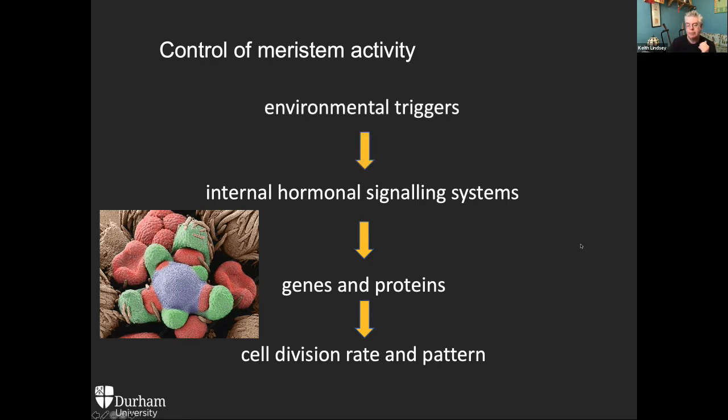And these in plants are primarily determined by environmental triggers. So again, one of the important concepts in thinking about plant developmental biology is the relationship between the wider environment, and how that affects hormone signaling systems, how that then activates genes and then proteins to ultimately give rise to these developmental consequences that we see.